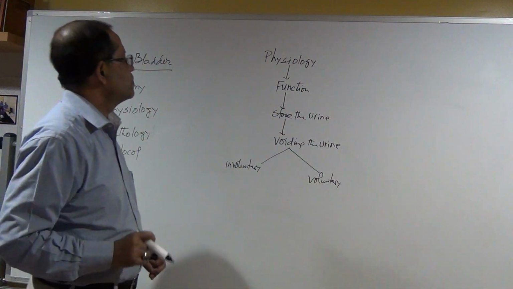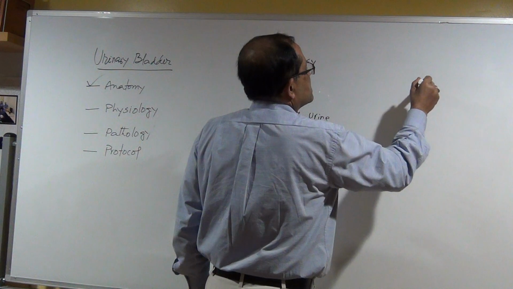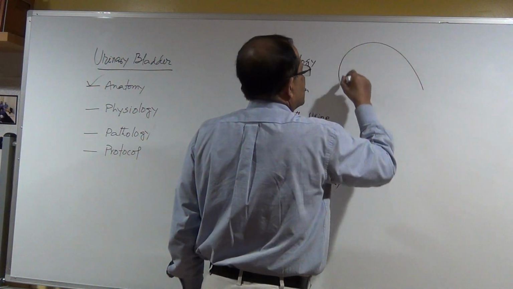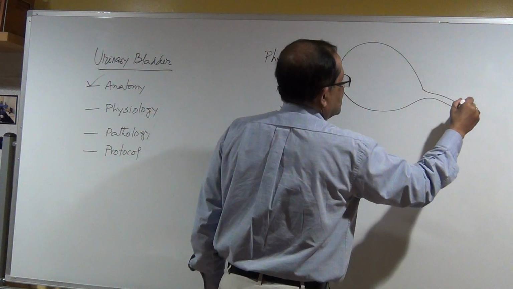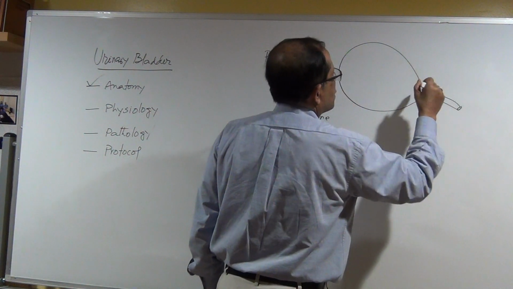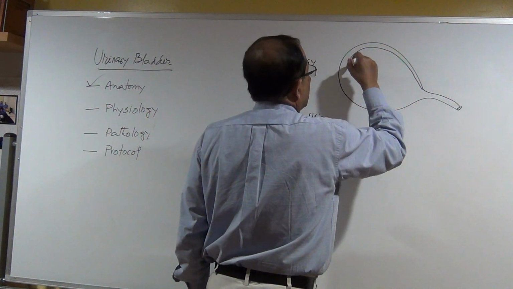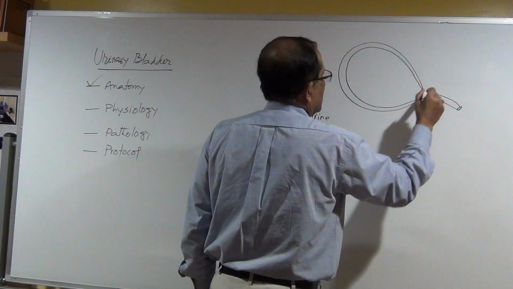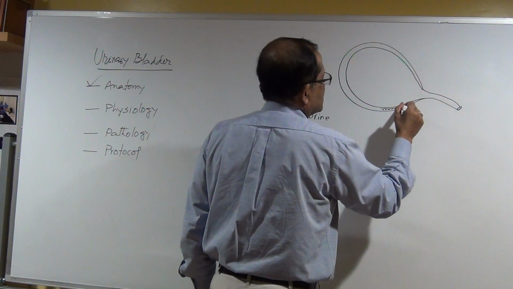Okay, so now let me give you the idea. Say, this is bladder and this is urethra. This is bladder wall. And the bladder wall has a middle layer, it's a detrusor muscle.